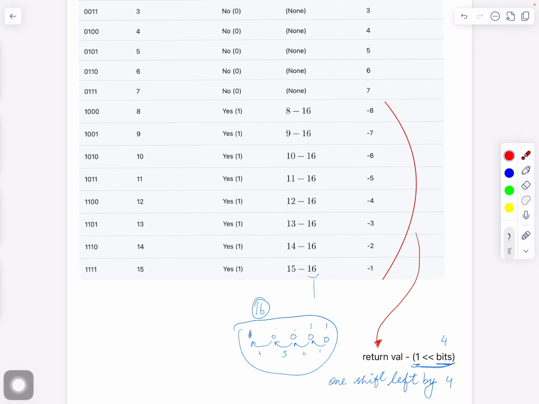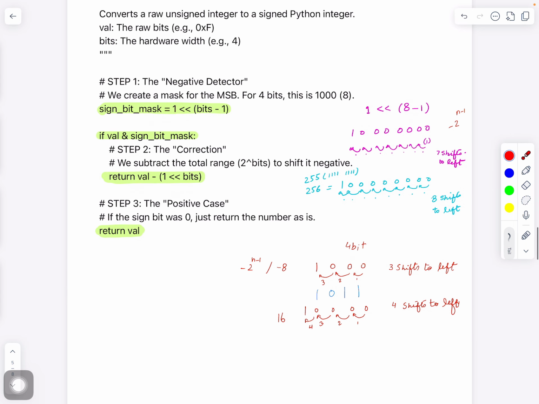For 4-bit it is 16, for 32-bit it will be 32. Then you get this number, and this number is what you return. If it was positive, it will return whatever the original value was. Here we return a different number, but if it was positive, whatever the input number was, we return that. Okay, is that clear? Hopefully I explained well.